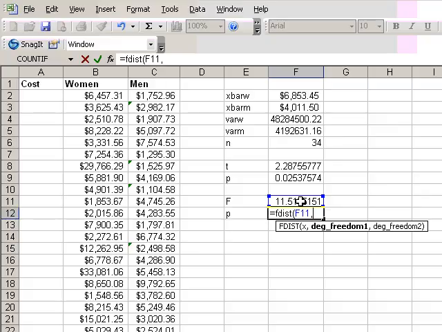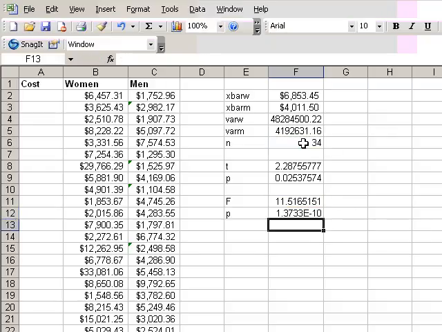In this case, the first variance is the variance for women. Its degrees of freedom are equal to essentially 34 minus 1. And the degrees of freedom for the second group is essentially the same. When I hit enter, I discover that the probability of an F as large as 11.5 is a very small number indeed.